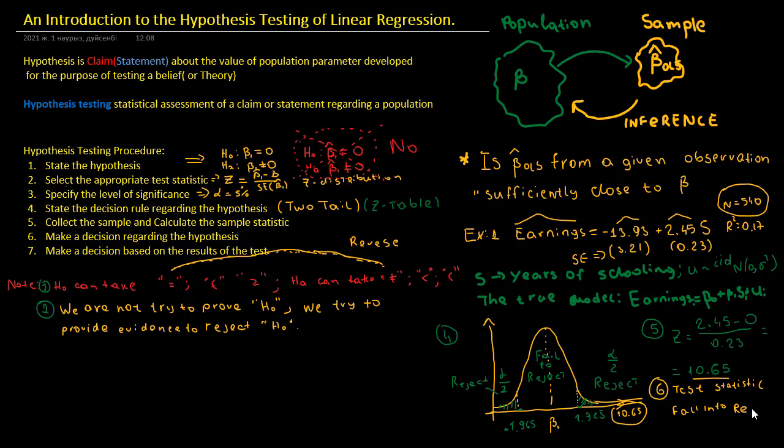So we reject our null hypothesis, and we conclude that schooling affects earnings.